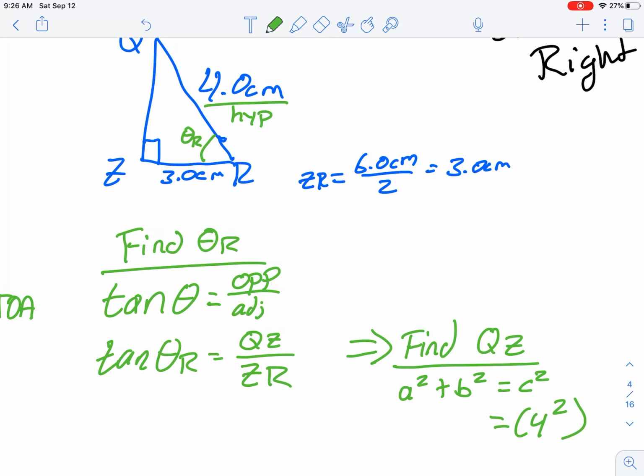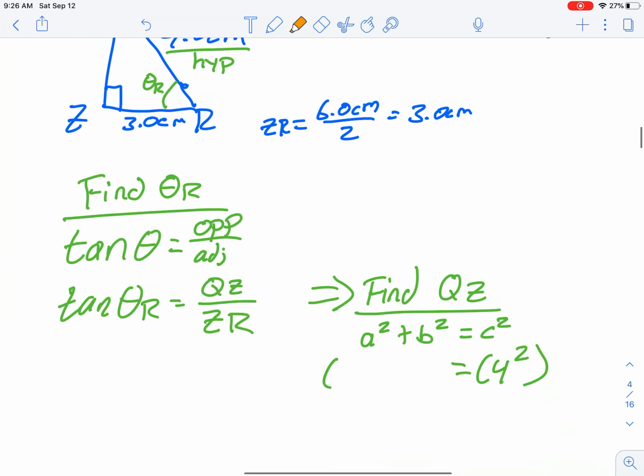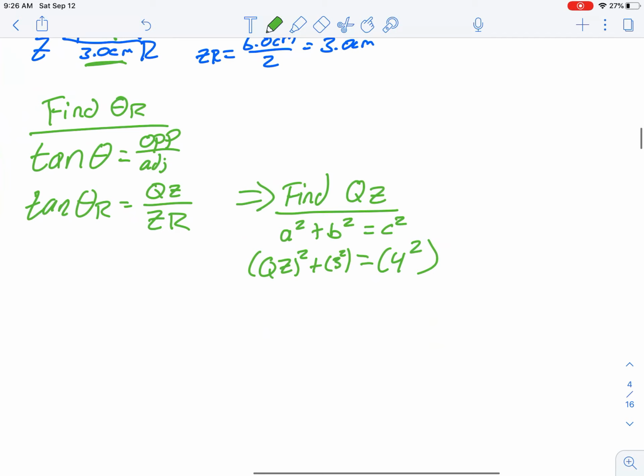So I'm going to make a QZ. So I'm just making a this side length. So I'm going to write Q to Z there. So QZ squared plus b squared, which in this case I have, it's 3 centimeters, which is one of the other legs. So 3 squared.